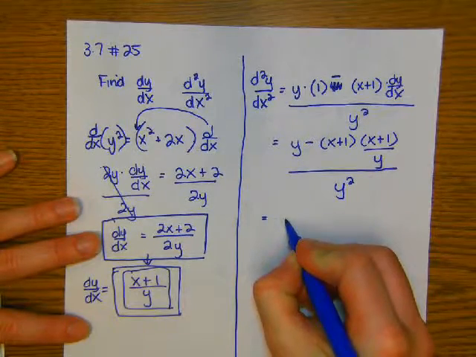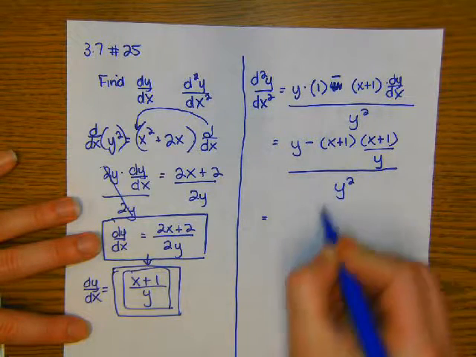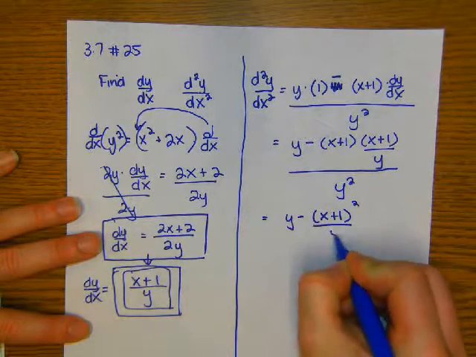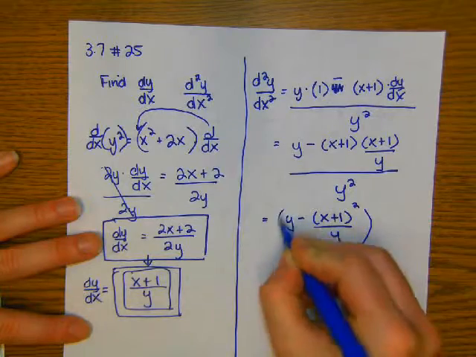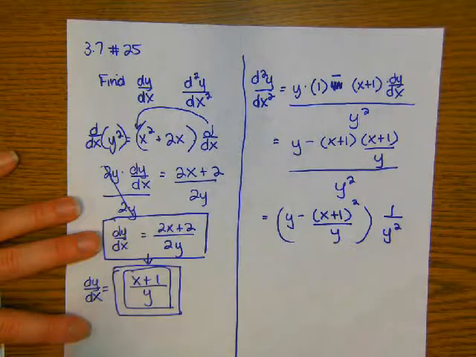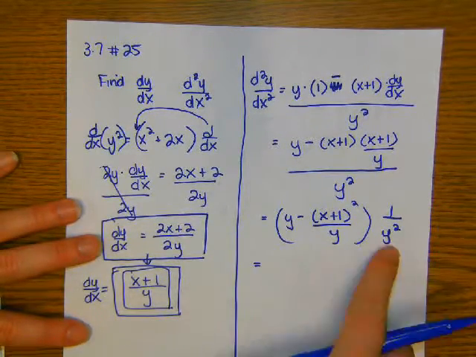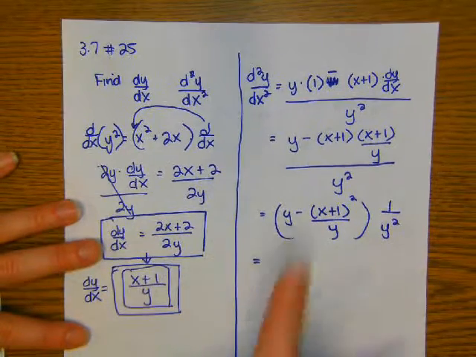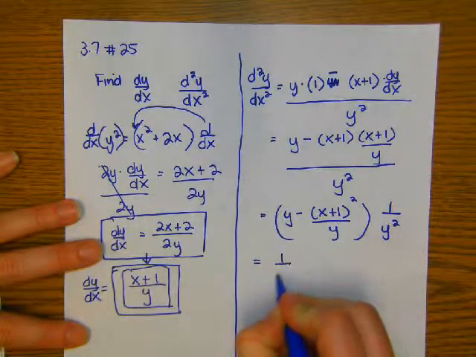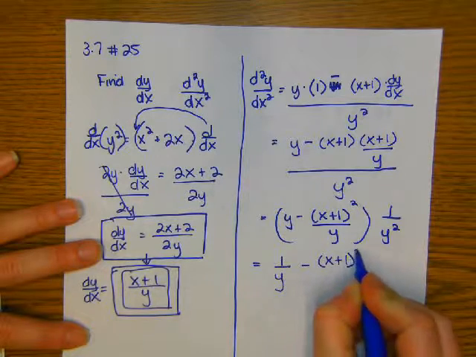This is x plus 1 squared over y. Then simplify 1 over y squared times y, I'm just distributing this, which is 1 over y minus x plus 1 squared over y cubed.